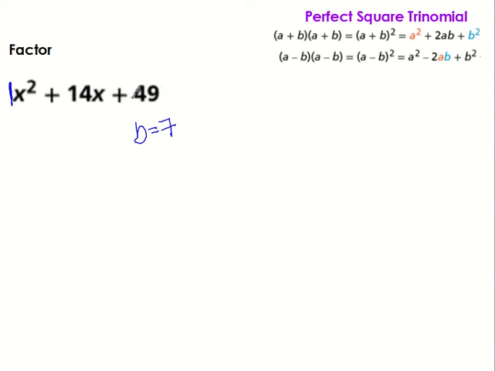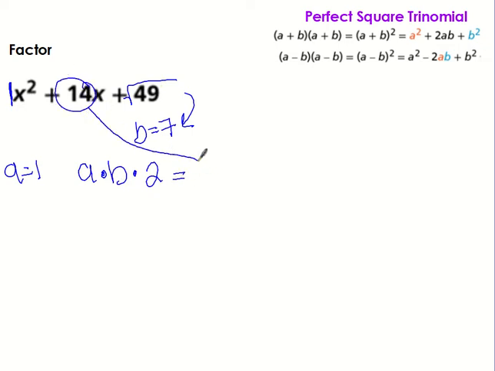So in a sense, I'm square rooting this to get 7, and this is my a, so a equals 1. I'm going to take a times b and times it by 2 to see if I get this middle term here, which we also called b.